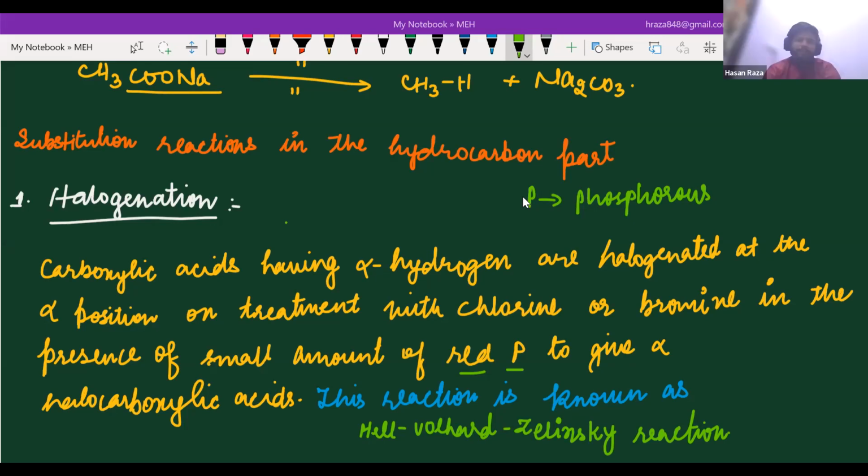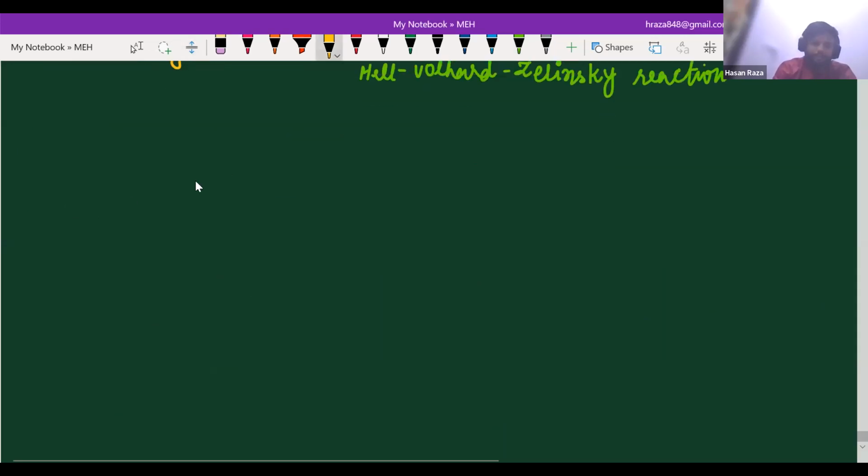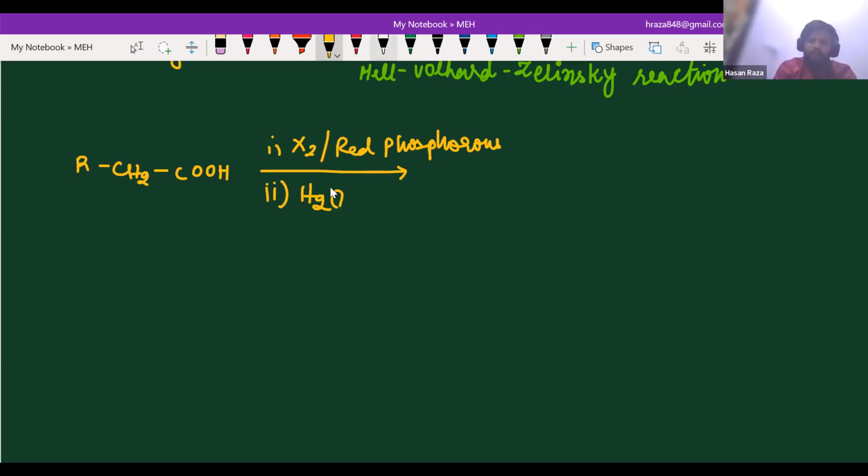So see, the reaction is very easy. Let's say this is your carboxylic acid, CH3CH2COOH, and you react this with halogen X2 in the presence of red phosphorus, and in the second step, you do the hydrolysis.